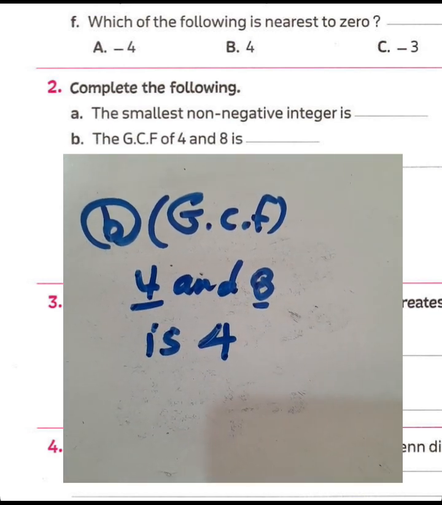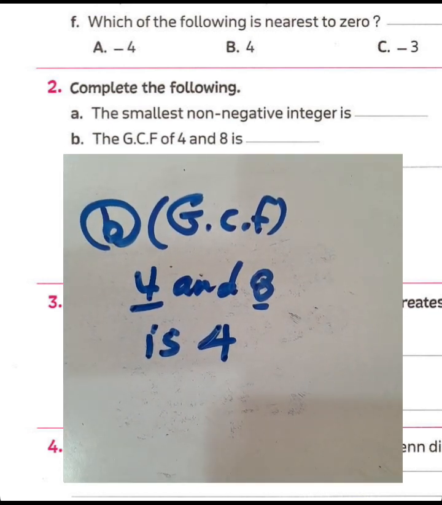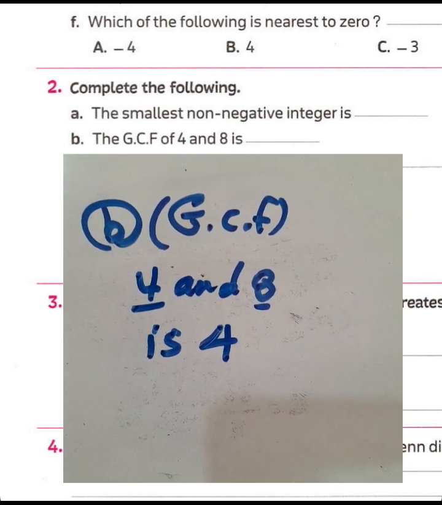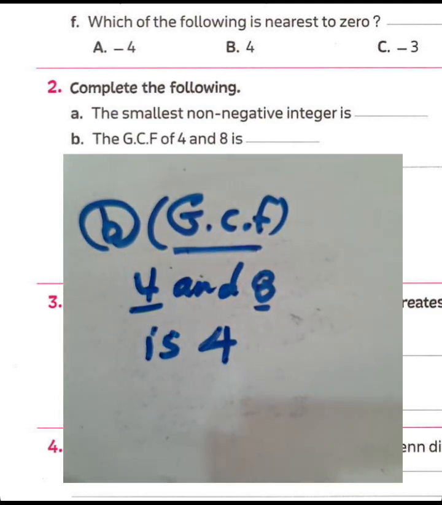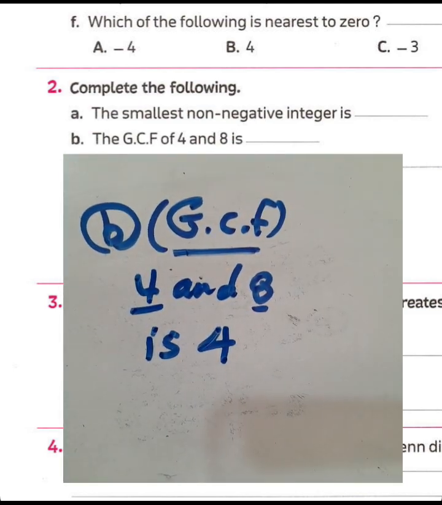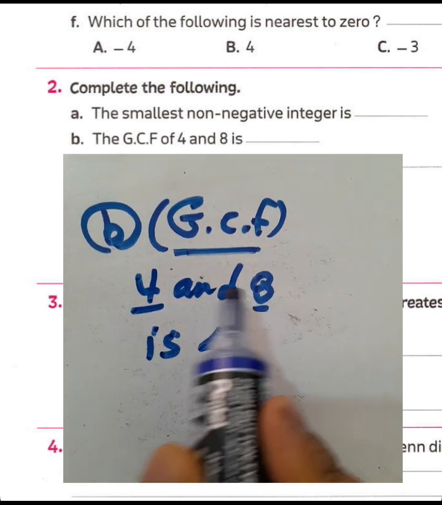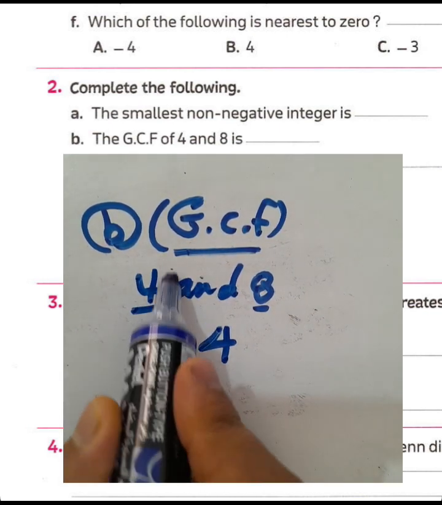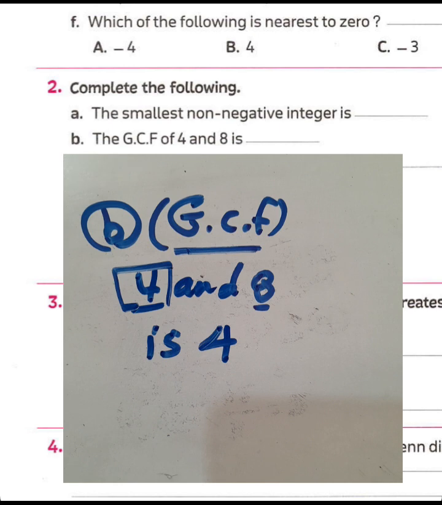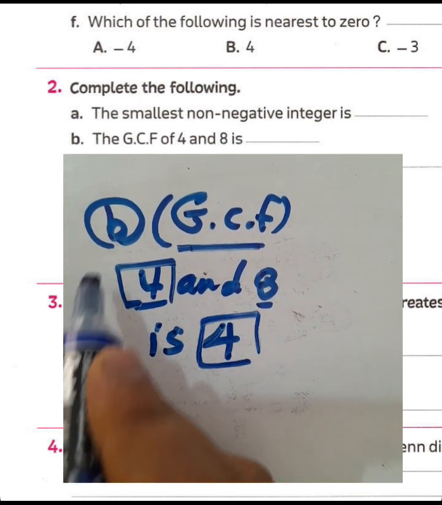But if your teacher asked about the least common multiple of 4 and 8, you must write 8. In this example, you want to find the greatest common factor, and it is 4 because 8 can be divided by 4. So the result will be 4 about question letter B.